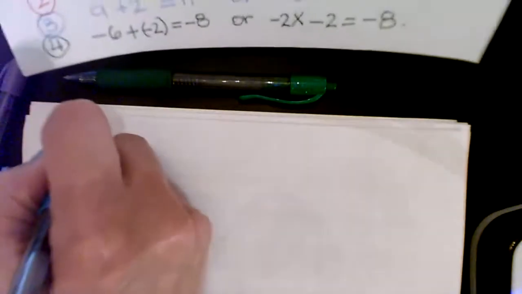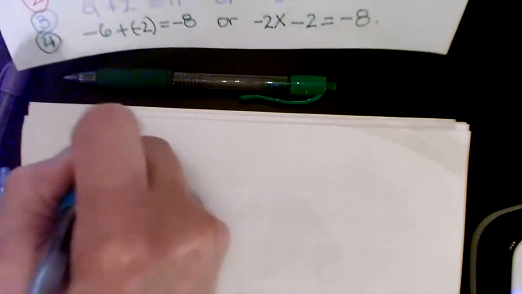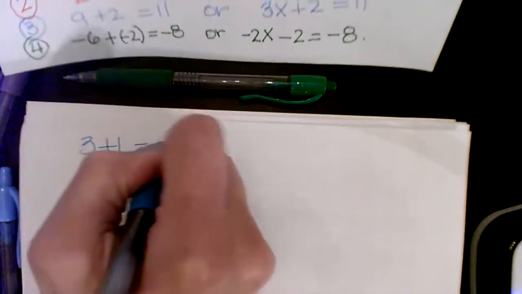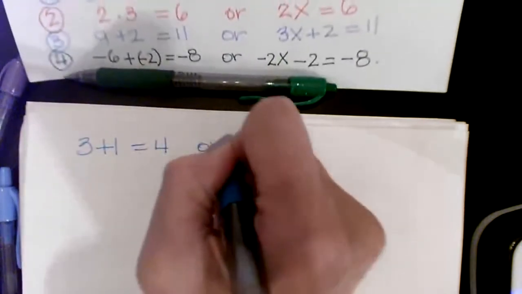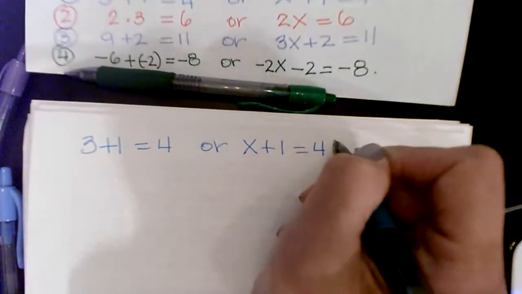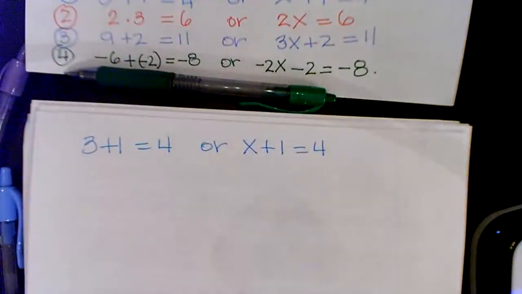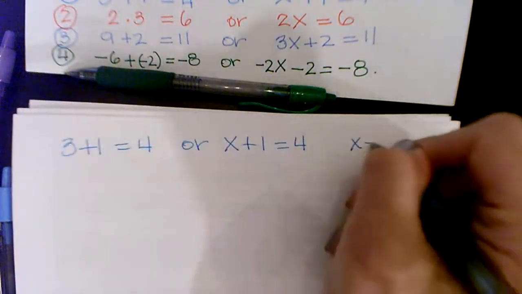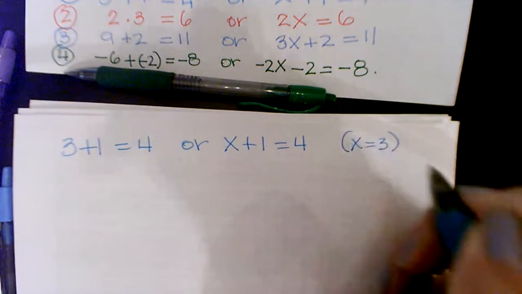The first one, 3 plus 1 is equal to 4, or x plus 1 is equal to 4. And we compare it to knowing that x is equal to 3. I know this.